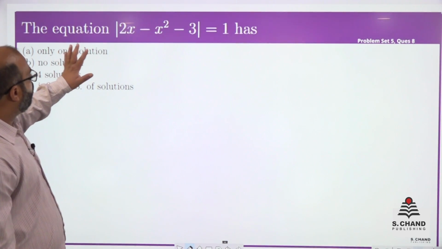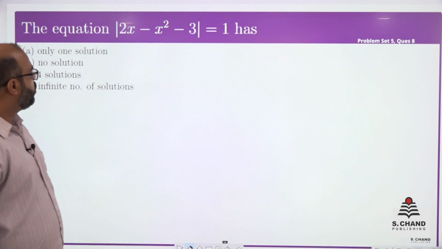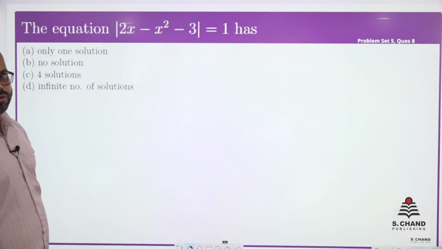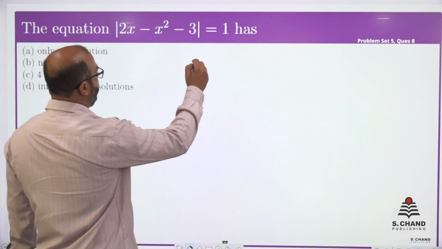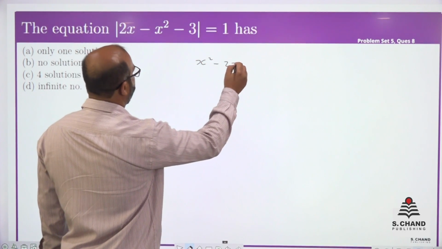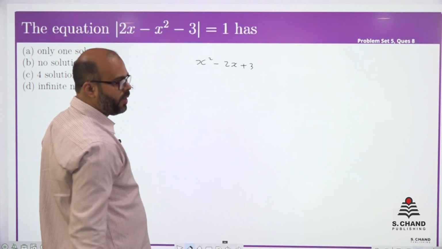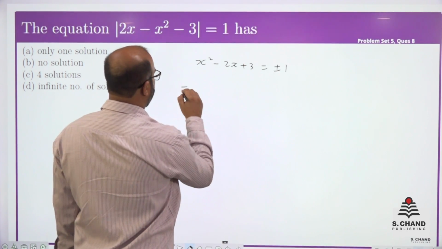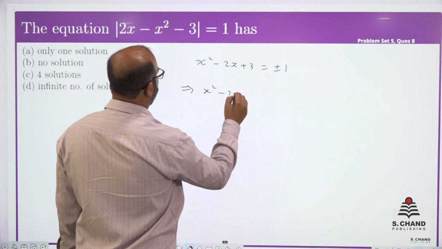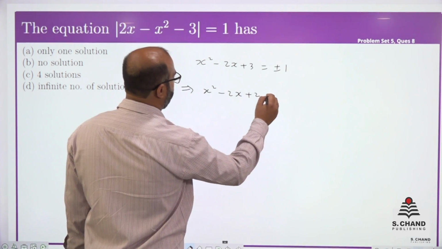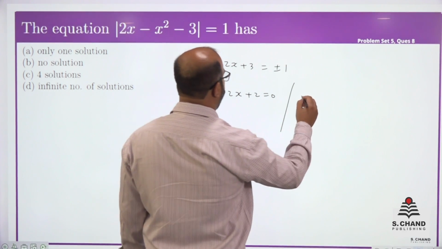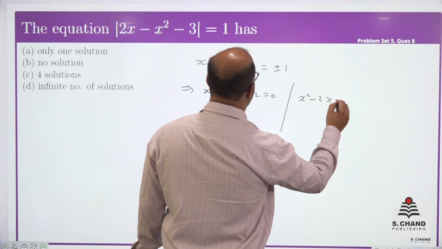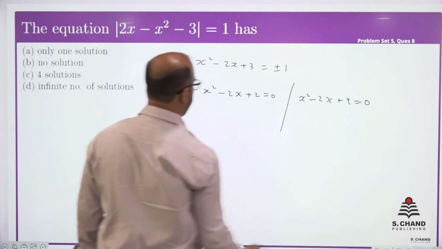The equation mod of 2x minus x square minus 3 is equal to 1 has how many solutions? So, this will become x square minus 2x plus 3, let us absorb the minus sign, and eliminate mod, this will become plus minus 1. So, x square minus 2x plus 2 is equal to 0, or x square minus 2x plus 4 is equal to 0.